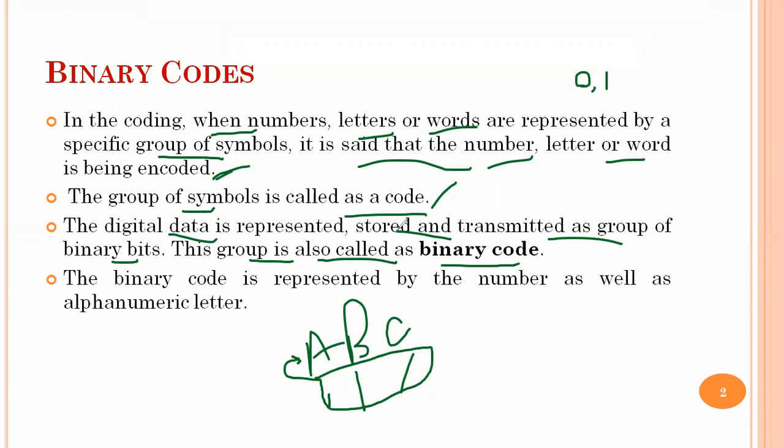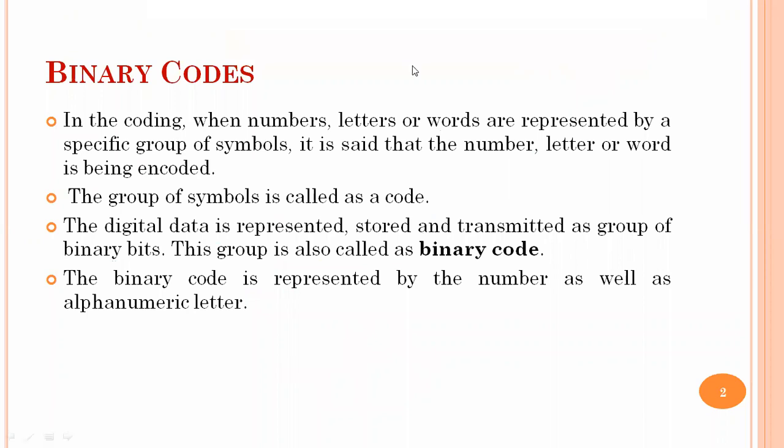So when the data is converted into the 0 1 form, that means we are encoding that data into binary codes. A binary code can represent numbers as well as alphanumeric letters. So any kind of numbers or alphanumeric letters can be considered under this binary code.